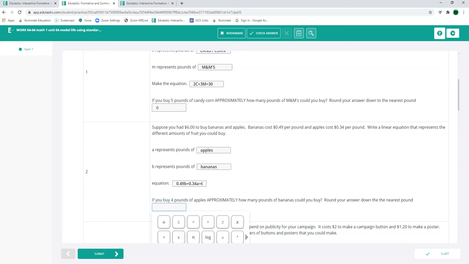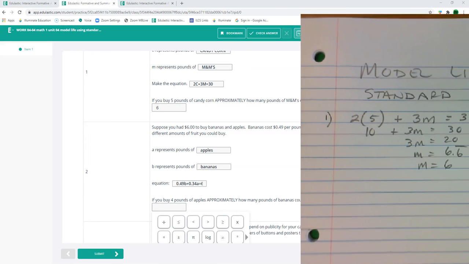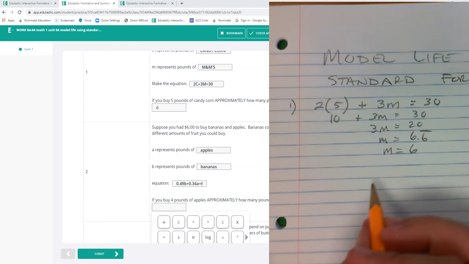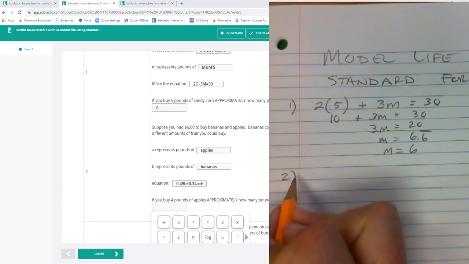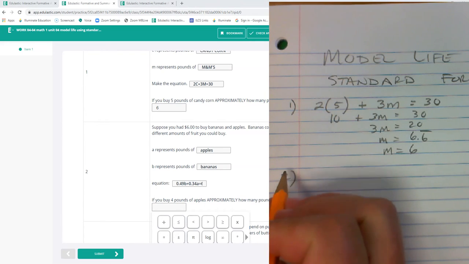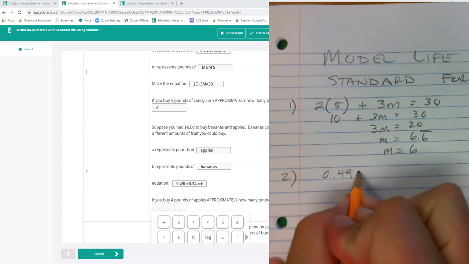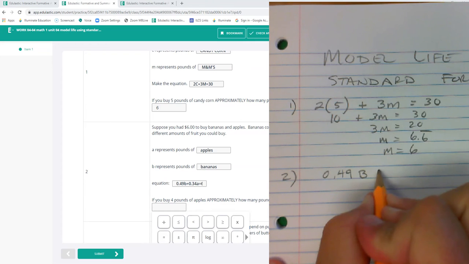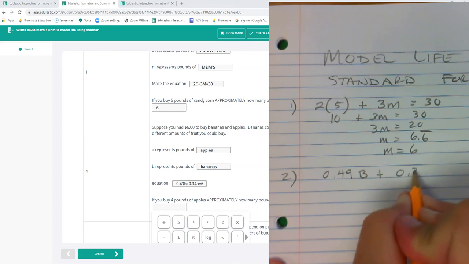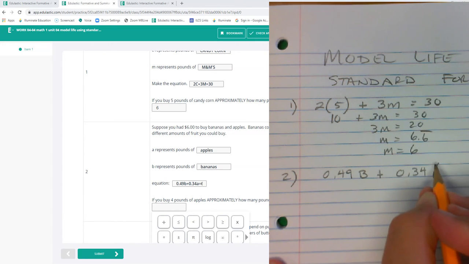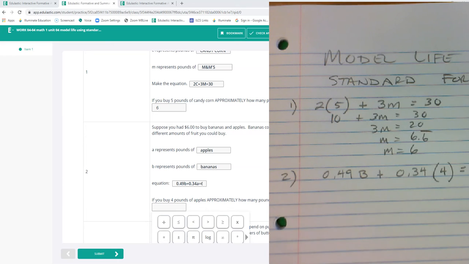Now this is where I'm going to use my notes, so I can write things down. All right, if you buy 4 pounds of apples, okay, 4 pounds of apples, so 0.49 times the bananas plus 0.34 times the apples, but I'm going to buy 4 pounds of apples, equals a total of $6.